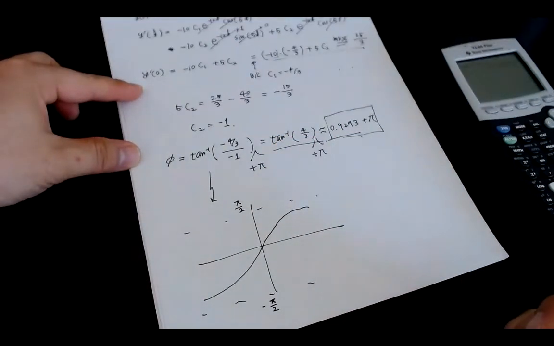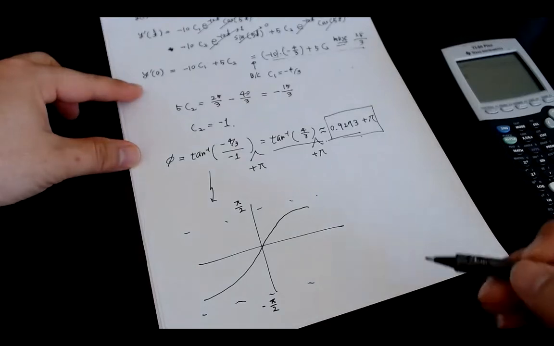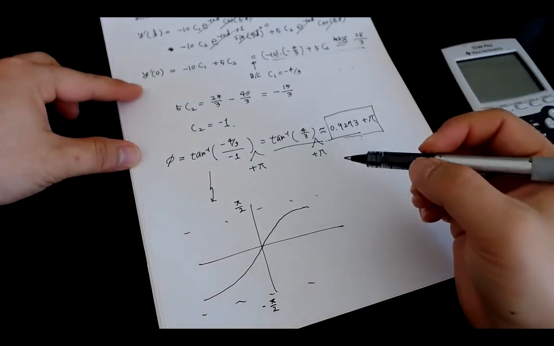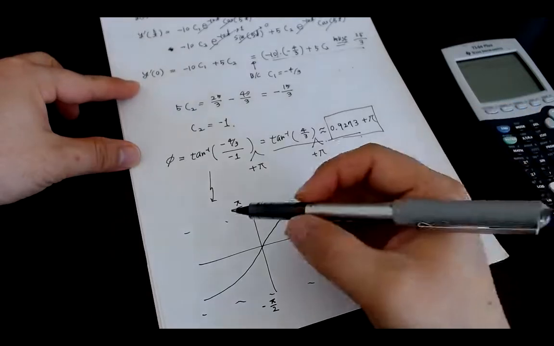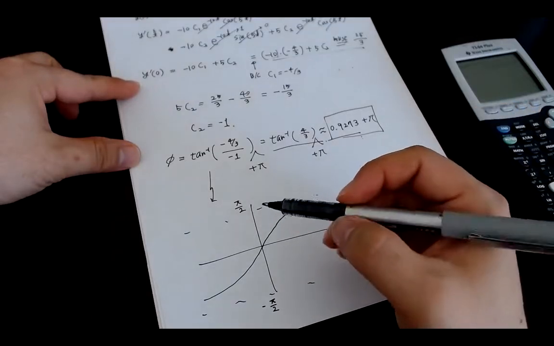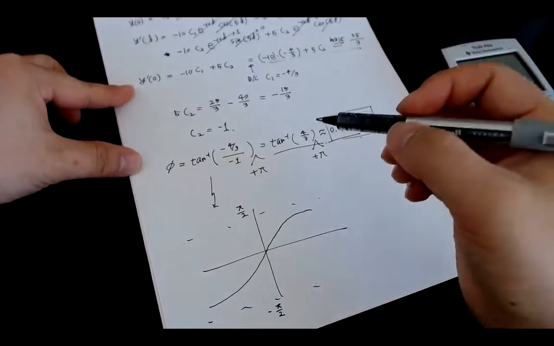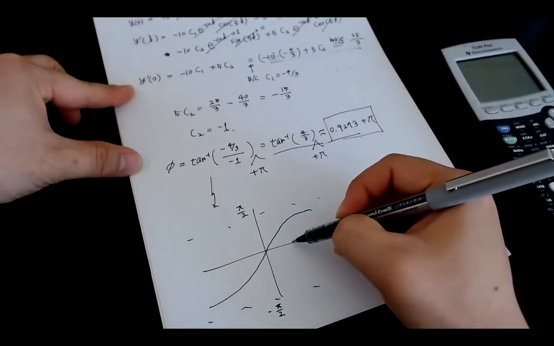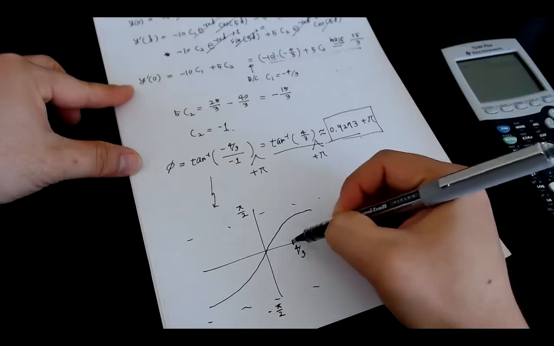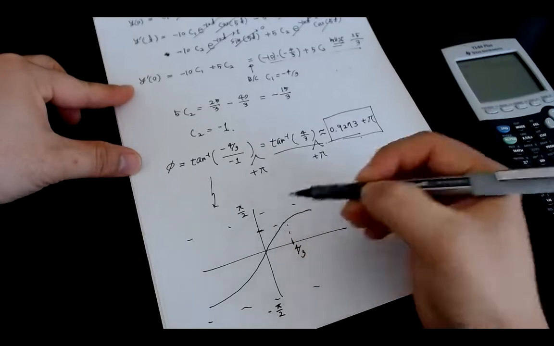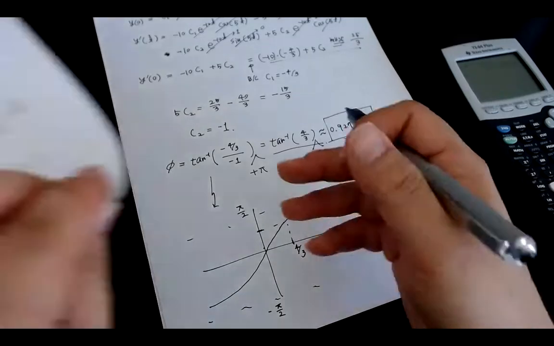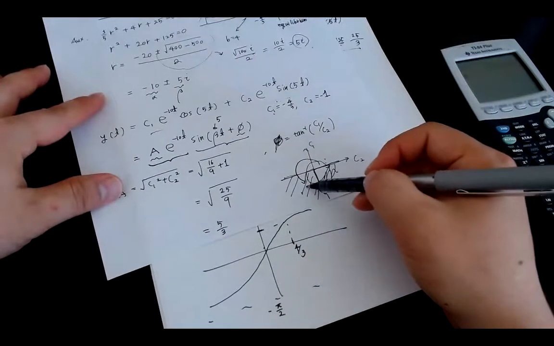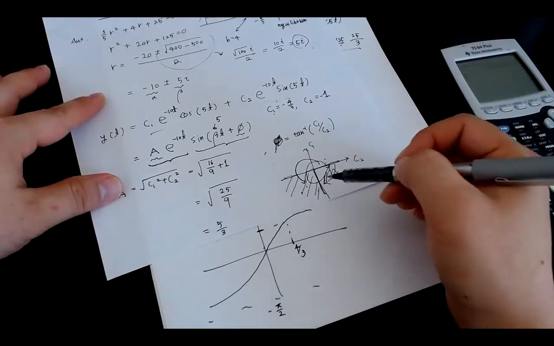So 4 over 3 is right there, and that will give an angle between 0 and pi over 2. But as you can see, the phase angle must be in the third quadrant. That's why I add pi.